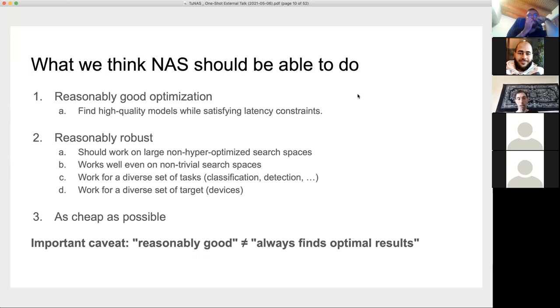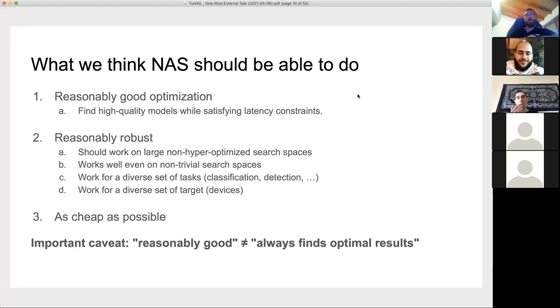Second of all, I'd like these to be robust enough that they can be used in different settings. So for instance, optimizing models for different hardware devices, optimizing for different tasks, say image classification versus object detection, and being able to work in a variety of search spaces. Ideally, even without having a very long, challenging iteration loop for users.